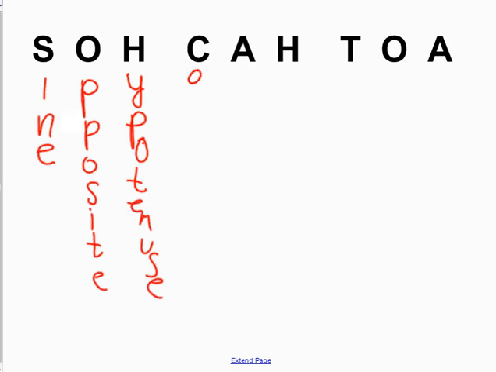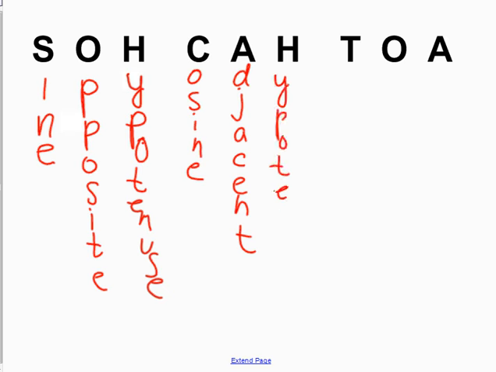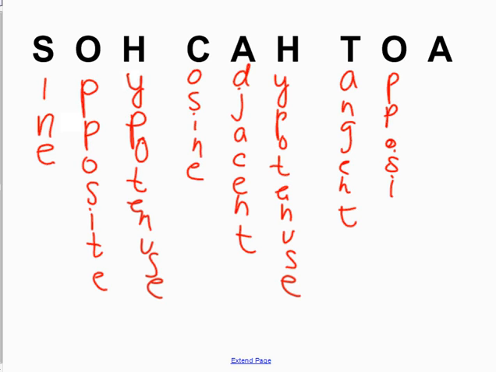Cosine is adjacent, which means next to, and hypotenuse. Tangent is opposite, and adjacent.